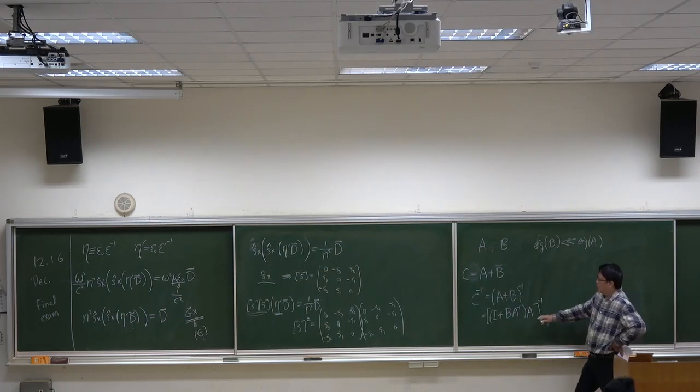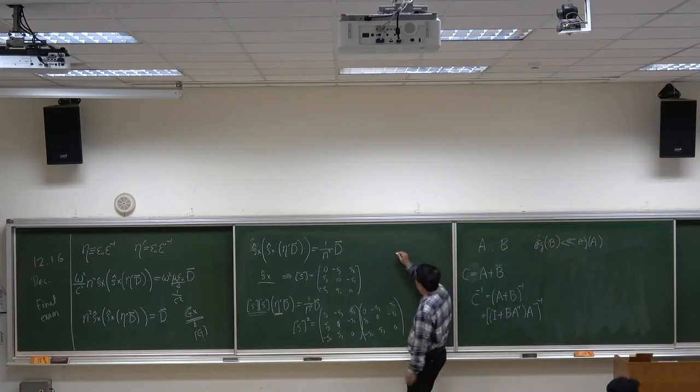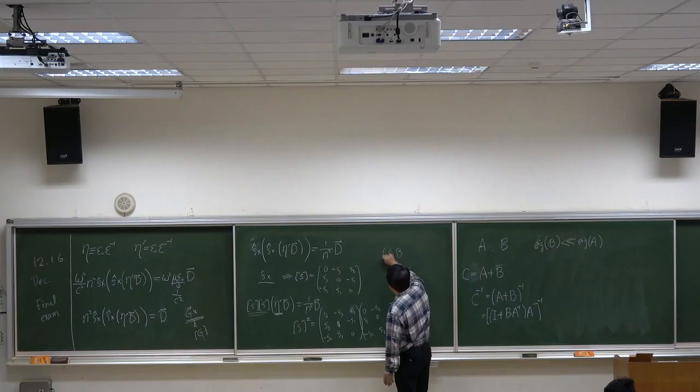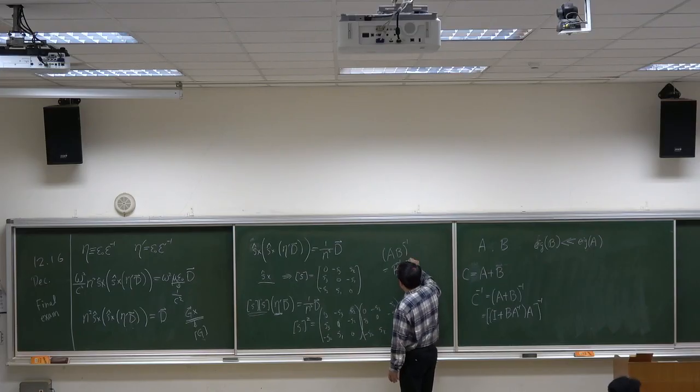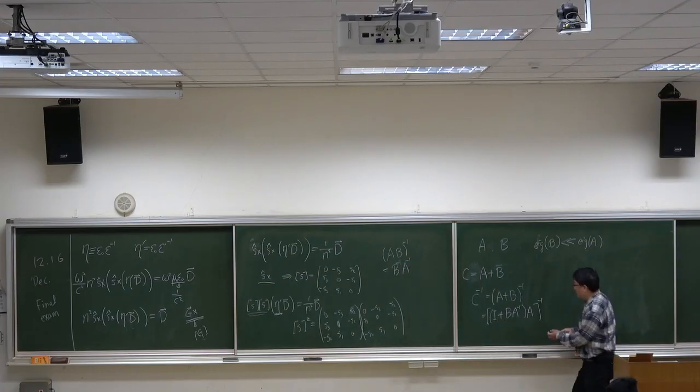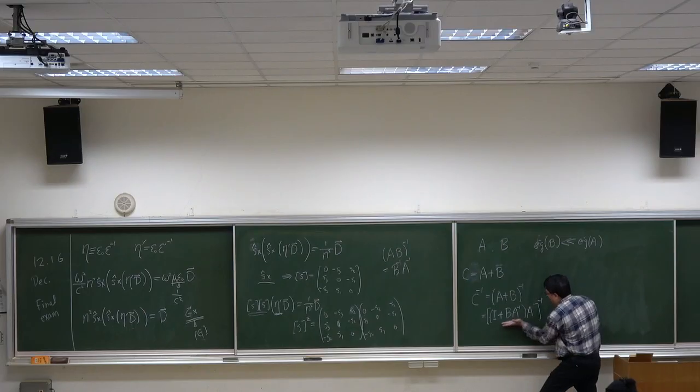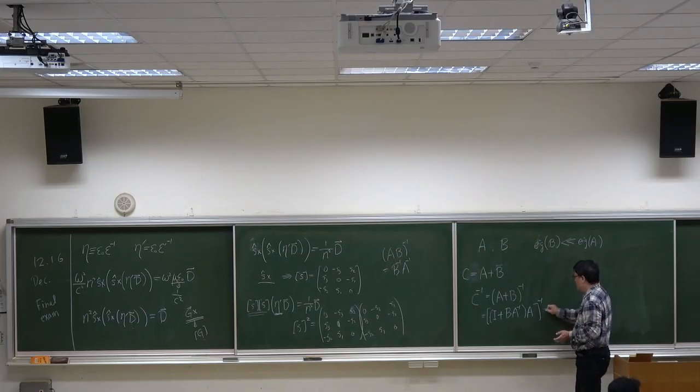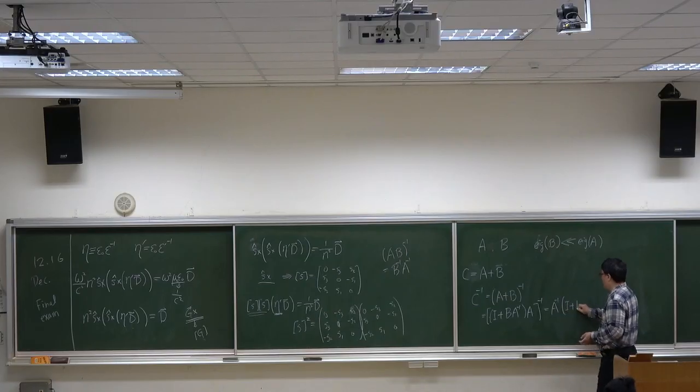According to linear algebra, if we have two matrices A times B and take the inverse of the product, it is equal to B inverse times A inverse. Here this is A, this is B. So this is A inverse times the inverse of I plus B A inverse.